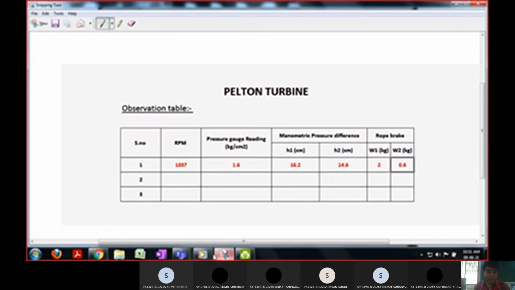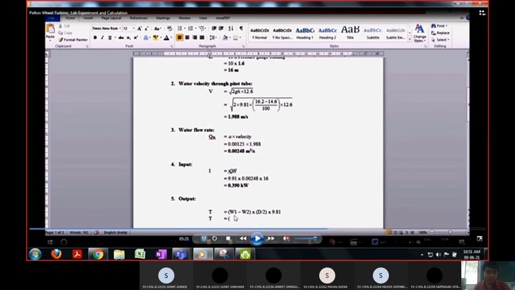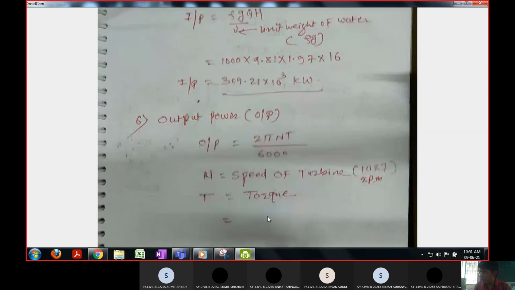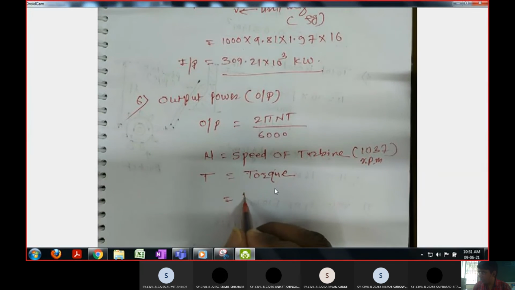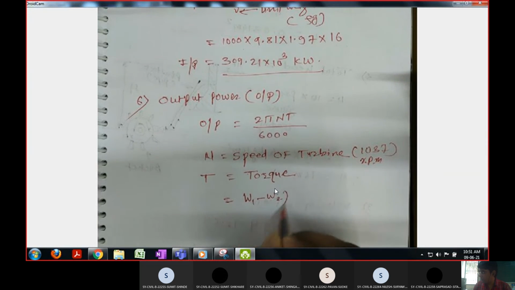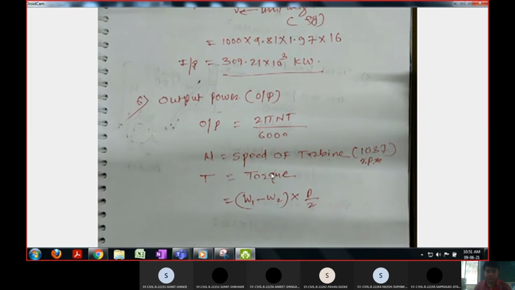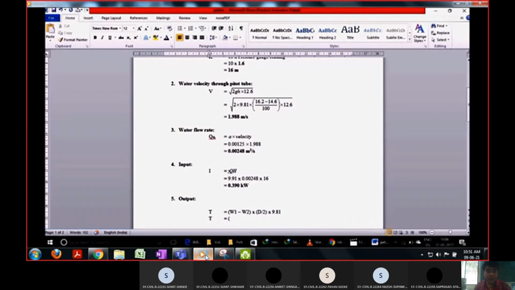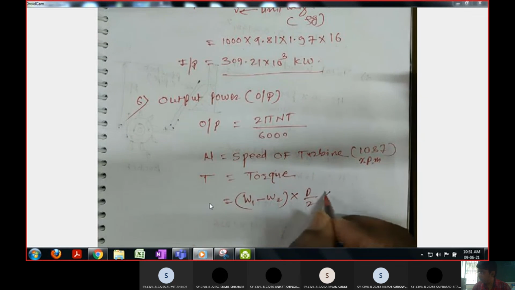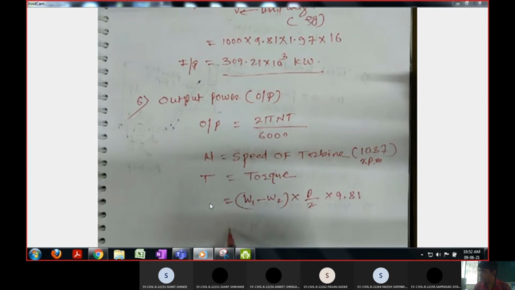So torque is calculated with the help of this formula: W1 minus W2 into D by 2 into 9.81.